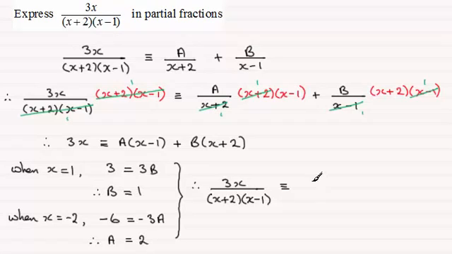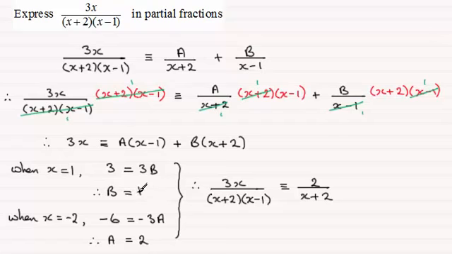Well, A is 2, so we've got 2 divided by x + 2. And then be careful here, don't charge in and write a plus sign until you've checked out what B is. B is positive 1, so that's okay, it's going to be plus 1 over x - 1.